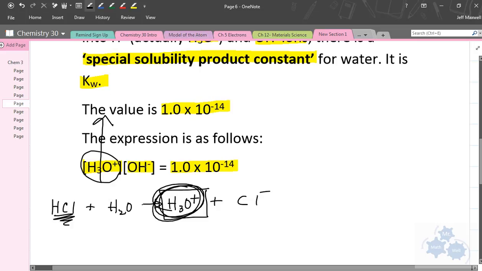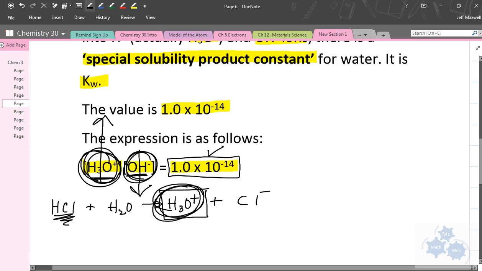So what's going to happen to these ions in solution? If this goes up, and I know I have a constant over here, so the product has to equal this, what's going to happen to the OH- ions in that solution of water? Yeah, it's going to go down. So there are two ways you can think about this. If we have some of these ions in solution already, and you introduce more hydronium ions, they're going to bond with the hydroxide ions and form more water molecules.